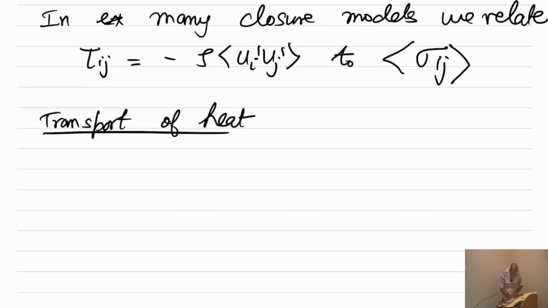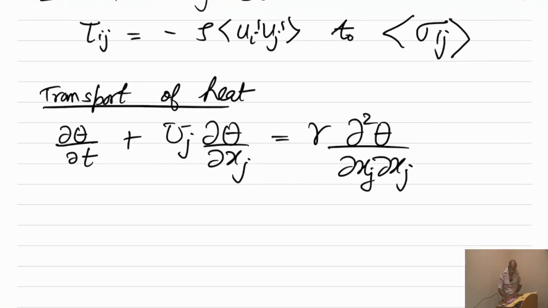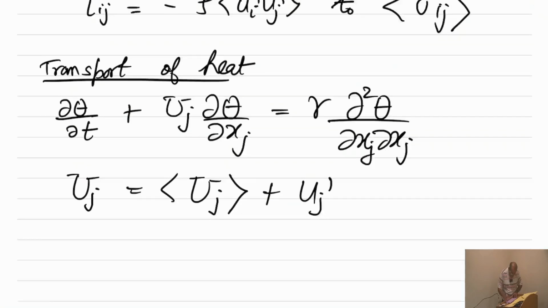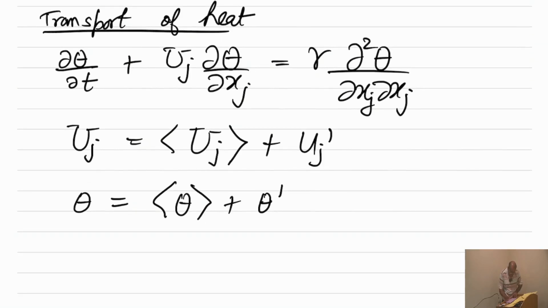In heat again, the equation is partial theta by partial t plus uj d theta by dxj, and we write uj is equal to mean of uj plus uj prime, and theta as mean of theta plus theta prime.